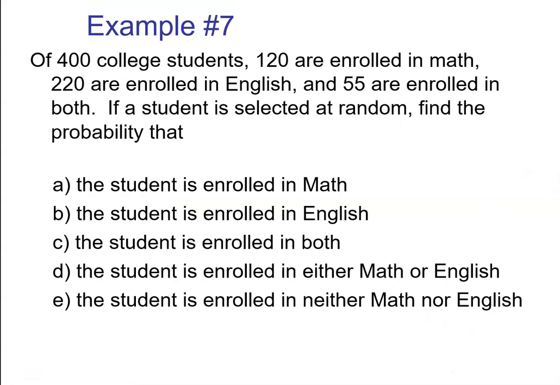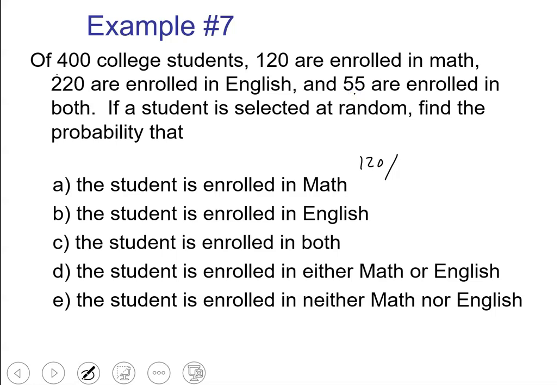Next example. Of 400 college students, 120 are enrolled in math, 220 are enrolled in English, 55 are enrolled in both. Again, find the probability that a student is enrolled in math. In this case, we have math. We clearly see that that's 120. Now we need to figure out what's the total number. We have 120 in math, 220, 55 enrolled.